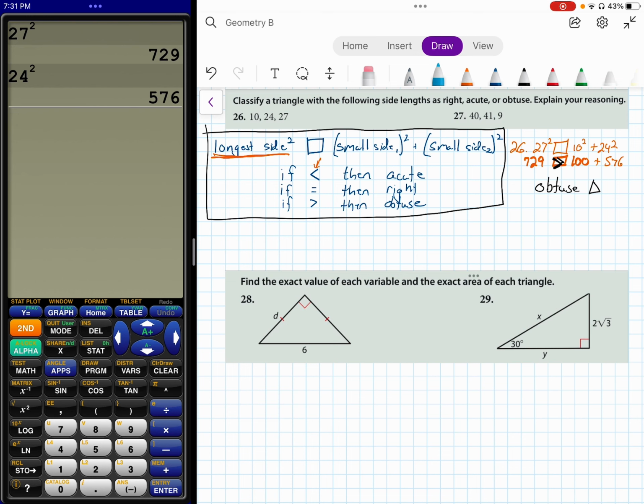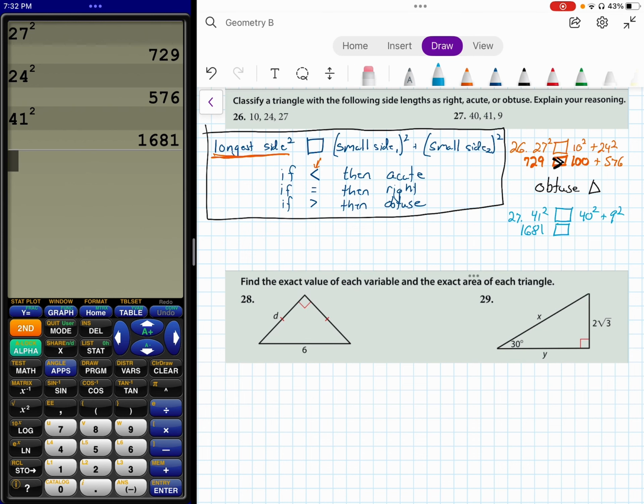And then for 27, you do that similarly. You take your longest side squared, so 41 squared, and we're going to compare that to the sum of 40 squared plus 9 squared. So again, we'll find a few of these things. 41 squared is 1,681.